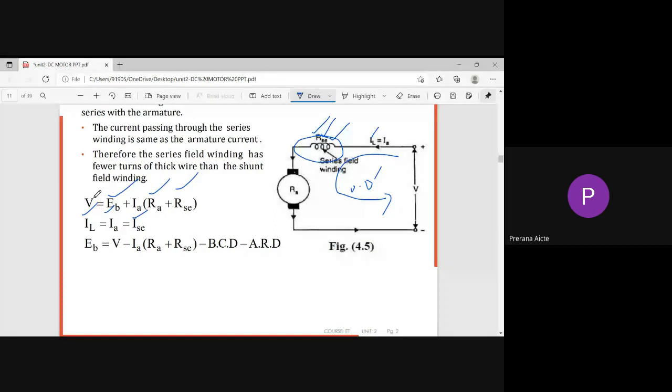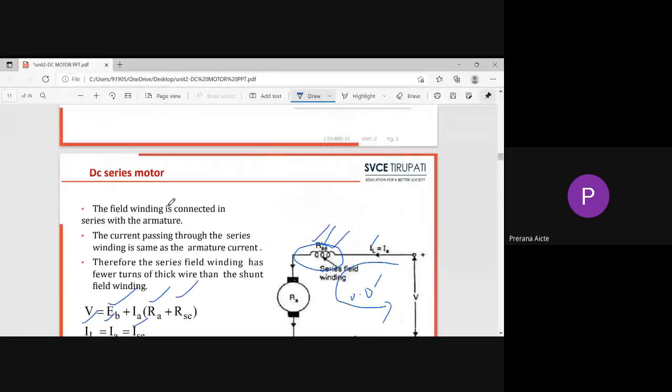That is the basic equation for the DC series motor.